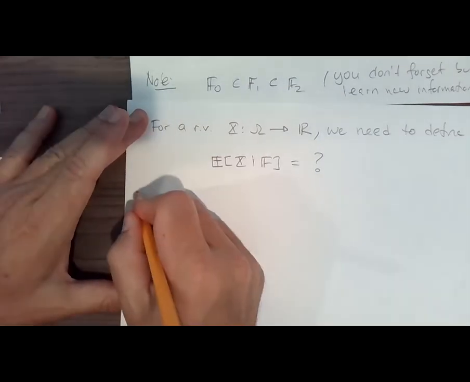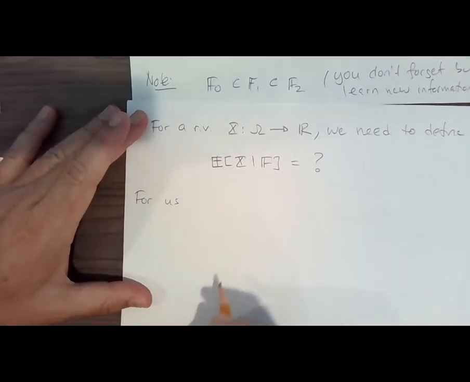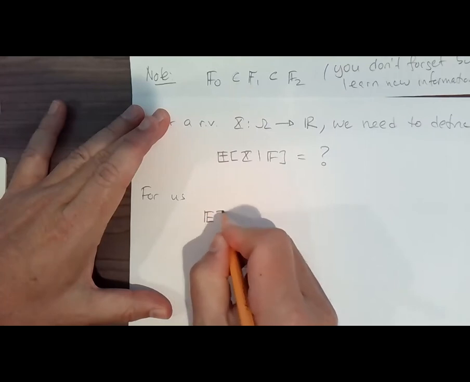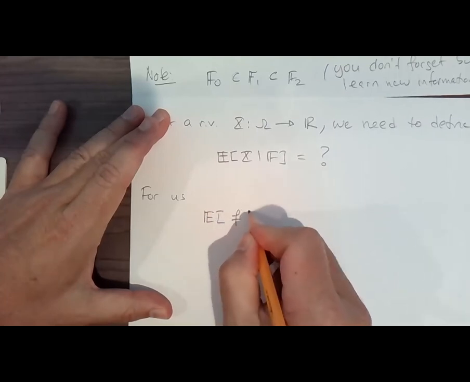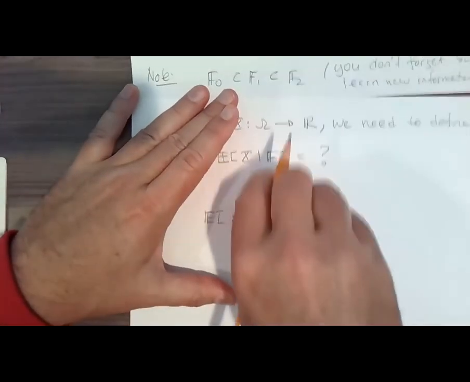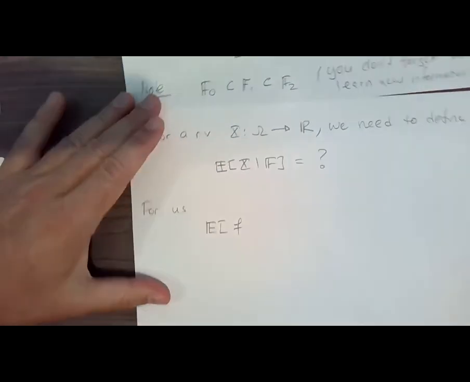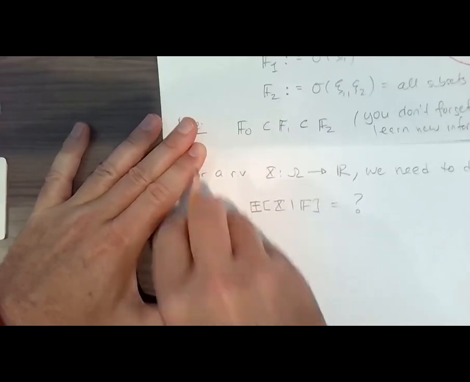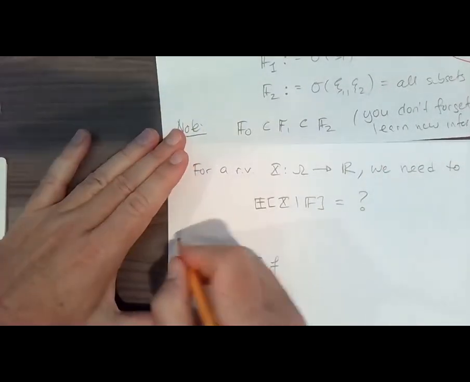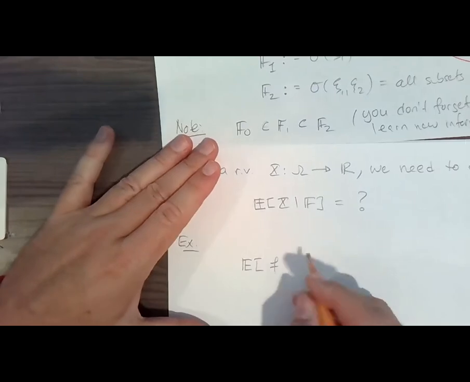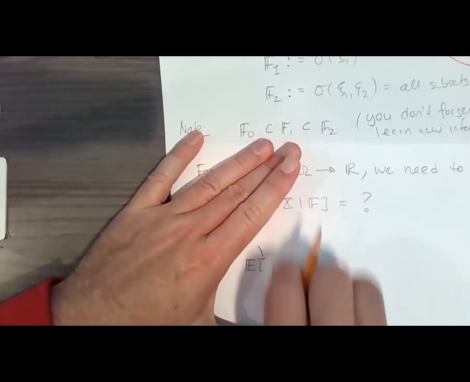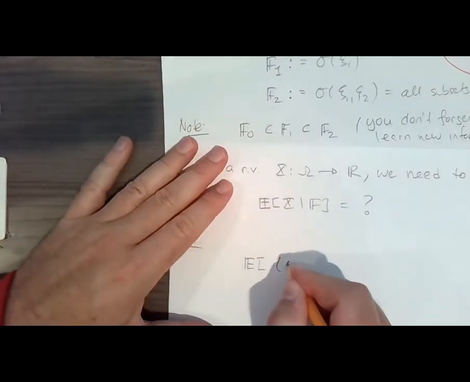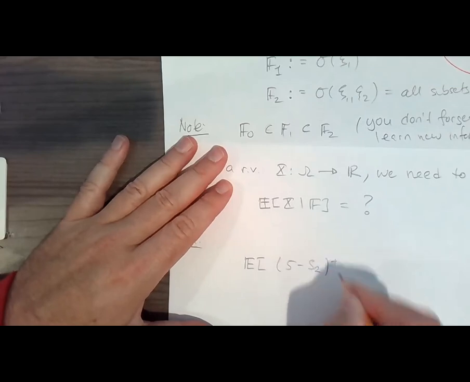What we're going to be interested in is a conditional expectation of, say, f of S2, like in the two-period model. In the two-period model, I had a put, and the put was (5 minus S2) positive part.